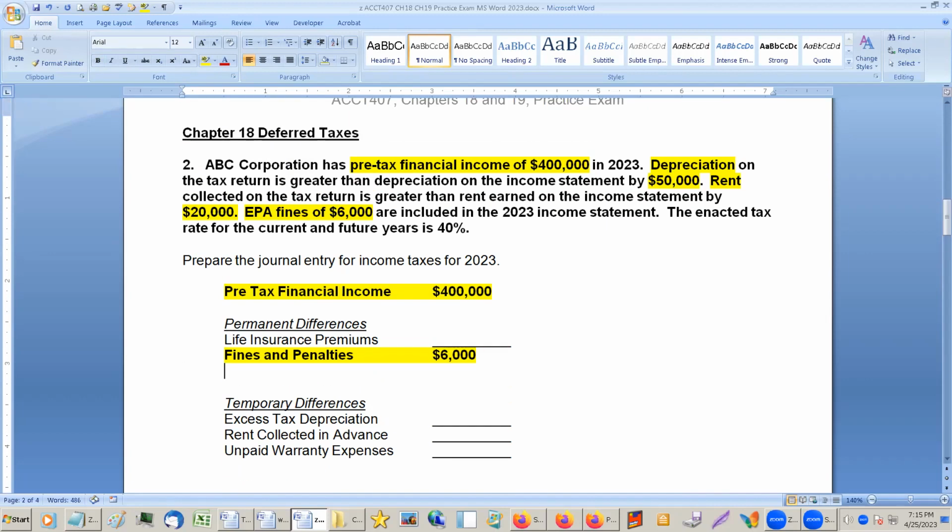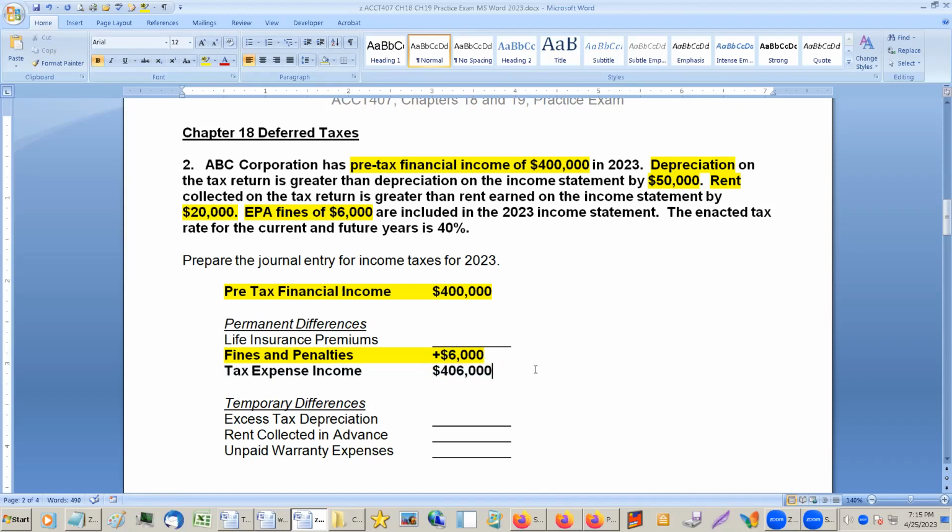So our tax expense income, we have to add this back in. So this is our tax expense income. And that's never going to reverse out.